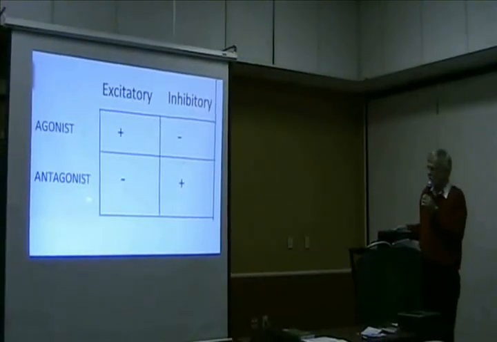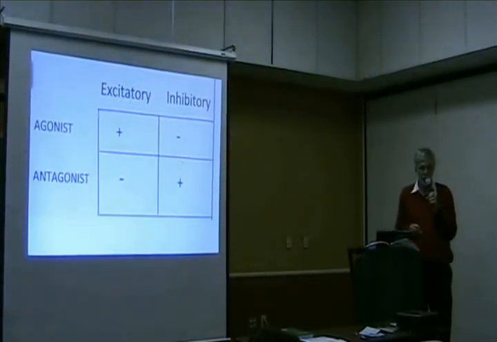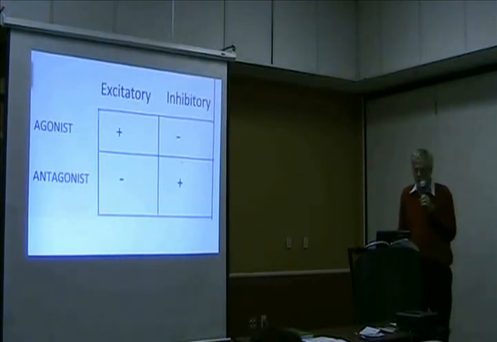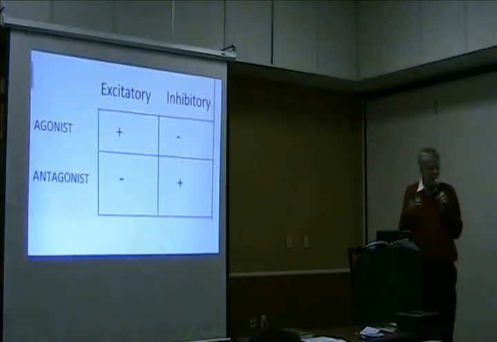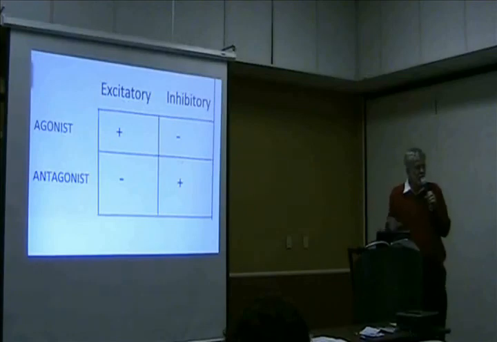Right? An antagonist that blocks an inhibitory receptor will temporarily disconnect the brake, and it'll be more likely that it'll turn the nerve cell on. Okay, everybody with me on that? I don't know, for me, when I first learned this, it was like, huh? No, wait a minute, let me look at that again. Okay. So that's going to be an important concept to keep in mind.